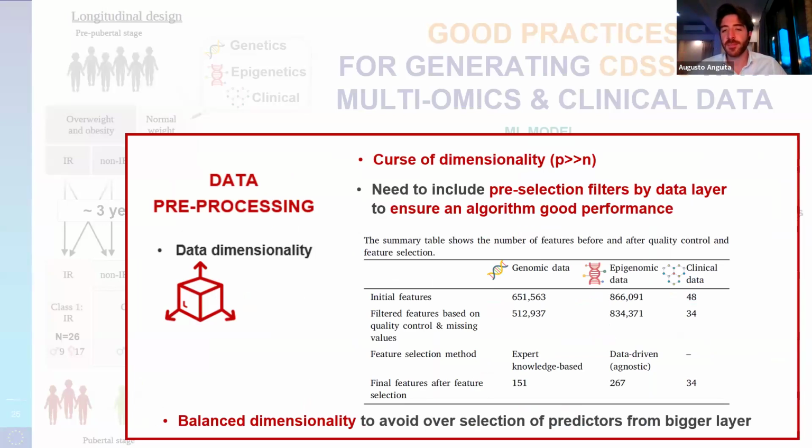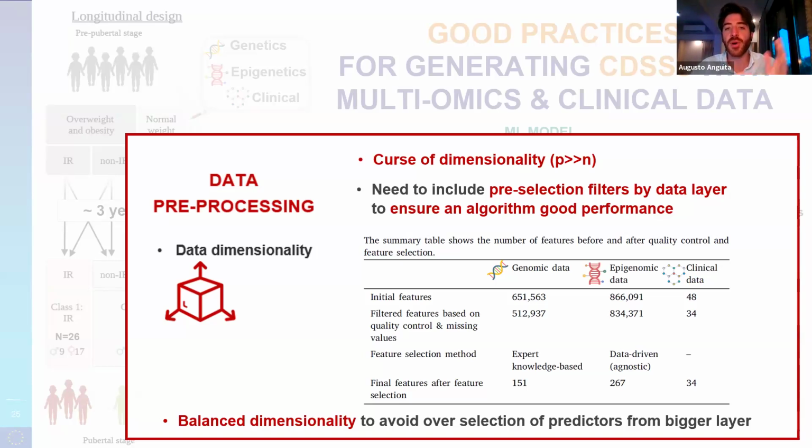We first need to do a pre-filtering, a marker selection within each layer. First, because of the sample size that we have: we don't have enough sample size to model such huge datasets, and we will suffer the curse of dimensionality. But we also need to pre-select the markers to ensure a balanced design.